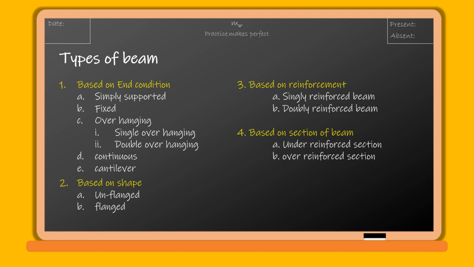Based on shape: unflanged and flanged section. Based on reinforcement: singly reinforced beam and doubly reinforced beam. Based on section of beam: under reinforced section and over reinforced section.